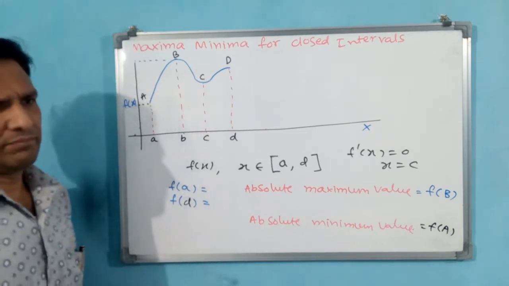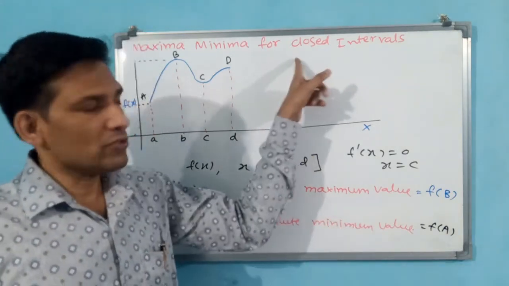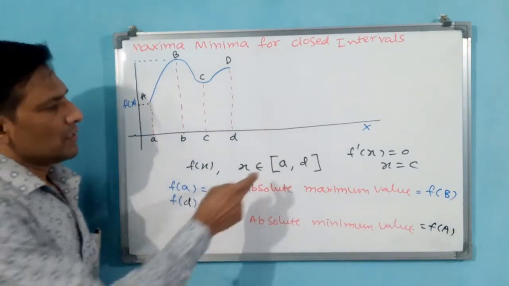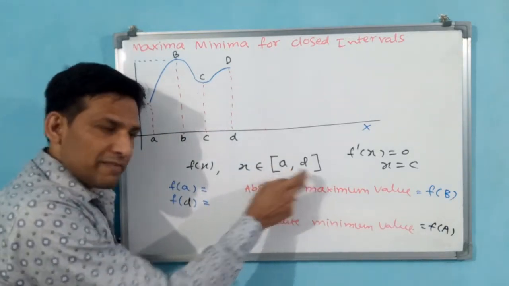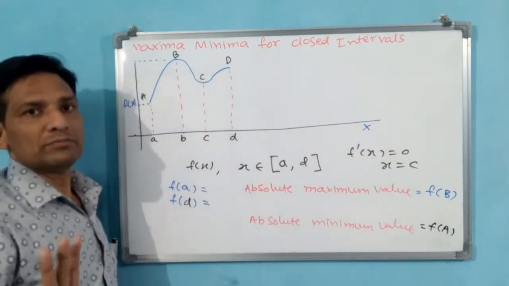Simple reason: absolute minimum or absolute maximum values will come for closed intervals only. For closed intervals, along with these interval values, you have to take critical point values also.